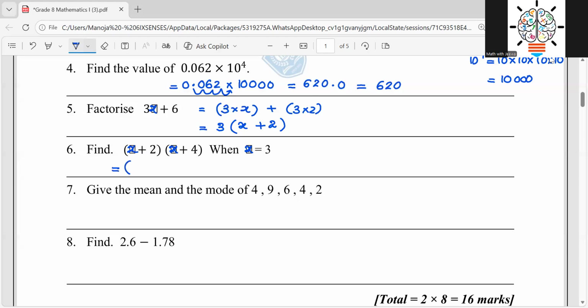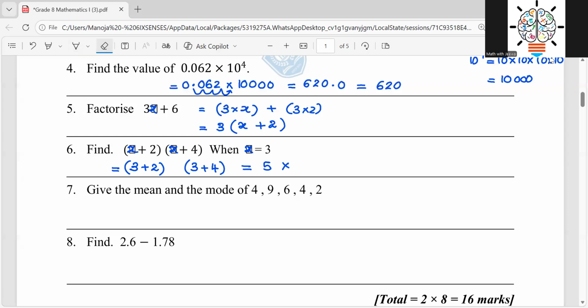Instead of x, I write 3, 3 plus 2, then you can write 3 plus 4, and you can write the answer 3 plus 2, 5, times, so here I made a mistake, it is not the addition, it is the multiplication. 3 plus 4, 7. The answer is 35, right? 3 plus 2, 5, and 3 plus 4, 7, and 5 times 7, 35, right?